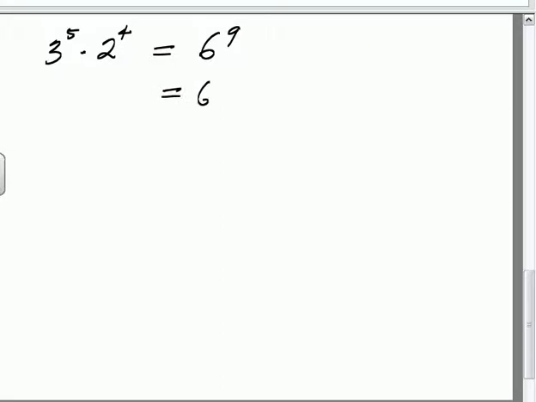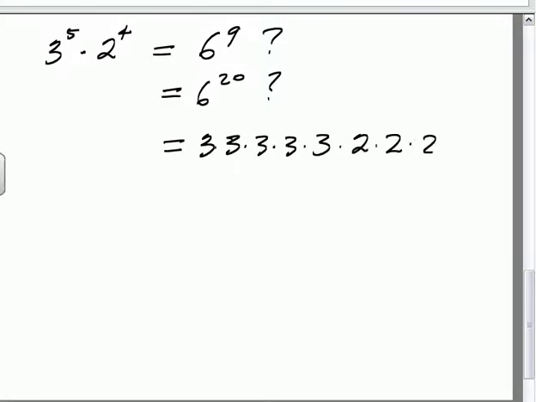And some even say 6 to the 20th, and I don't know what other answers I get. But we can figure this out because we're mathematicians, and we can determine what the correct answer is by just reverting back to what we know exponents mean. So 3 to the 5th, I can say for sure, is equal to 3 times 3 times 3 times 3 times 3, and 2 to the 4th is 2 times itself 4 times.